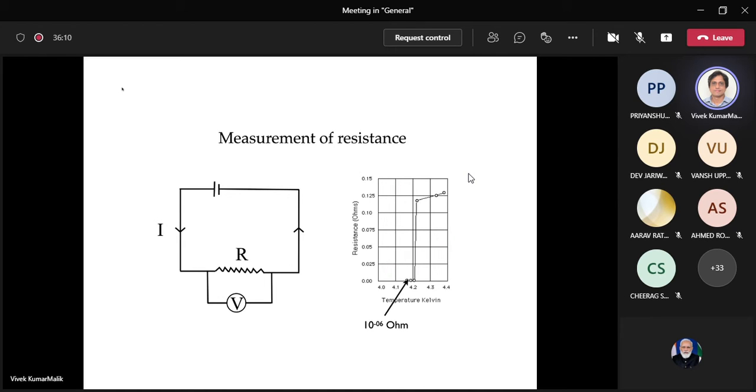In fact, he was able to measure down to 10 to the power minus 6 ohms, because each voltmeter has a certain least count. You cannot measure 0, in the same way you cannot measure infinite. So he designed the experiment in a slightly different way.